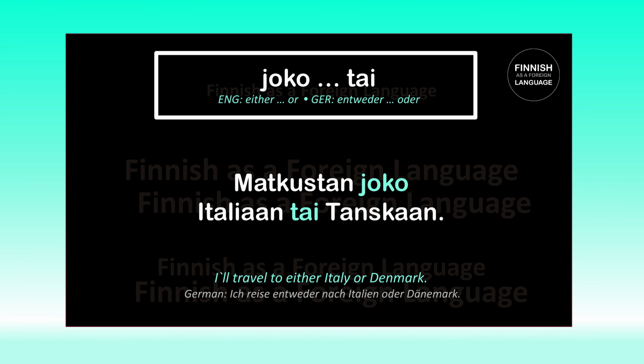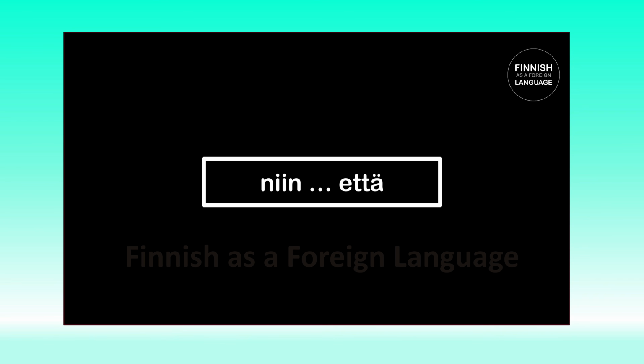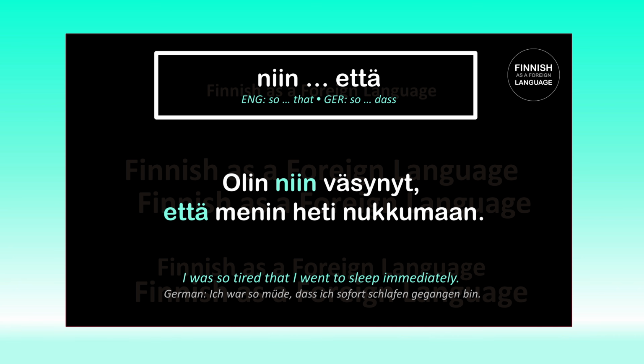Next one, number 3, is niin että, meaning so that. For example, olin niin väsynyt, että menin heti nukkumaan. Means I was so tired that I went to sleep immediately. Let's go step by step. Olin väsynyt means I was tired. Niin että means so that.